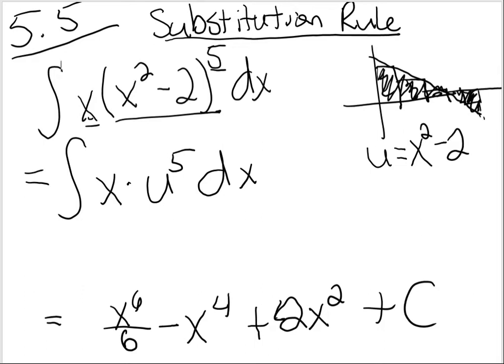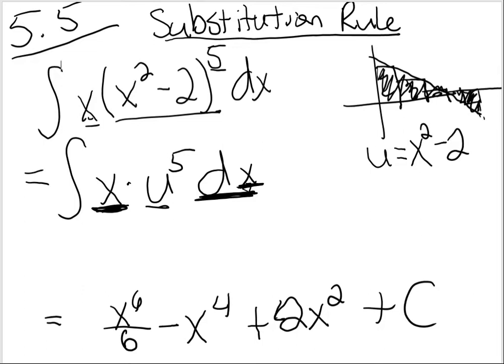But that's a little bit of a problem for the substitution rule so far. Look, I have a u, but I still have a dx, so I'm integrating, and there's an x, taking x to be my variable. So that's a little bit of a problem. But what I can do is say, well, I had dx before. What about du?